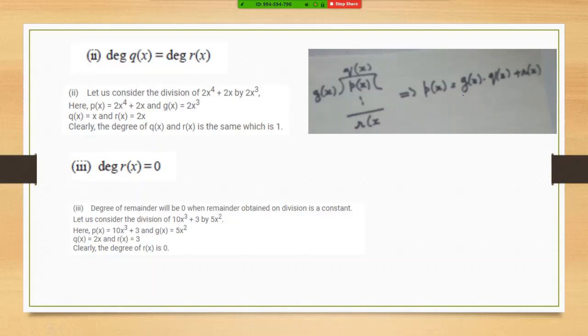And similarly, in the last part, they want the remainder to be 0. I'm done with the fifth question. Perfect. Others, if you want to check it out, you can divide and check it out also.